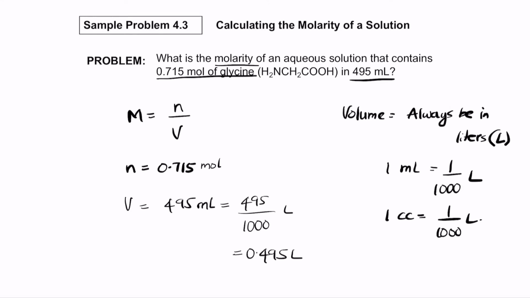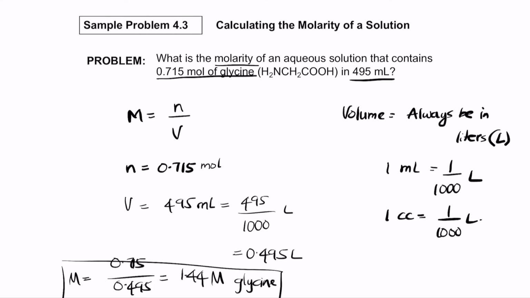Now, molarity is the number of moles, 0.715, over the volume, 0.495. So 0.715 by 0.495 gives you 1.44 molar glycine. This is how you represent the solute concentration in a solution.